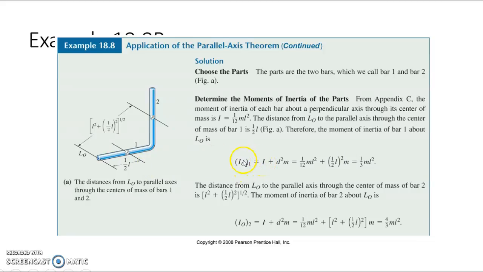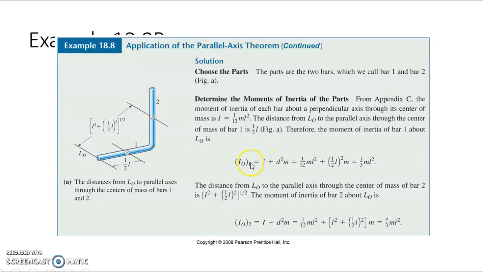So we have I, the moment of inertia about line L naught, equals I, the moment of inertia about a line going through the centroid, plus m d squared, where m is the mass and d is the distance between the axes. So we can see the distance between the axes is a half L.